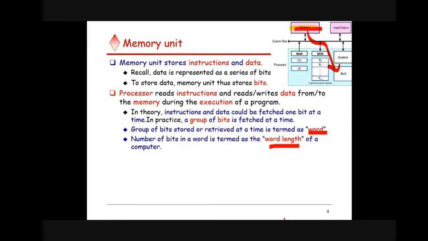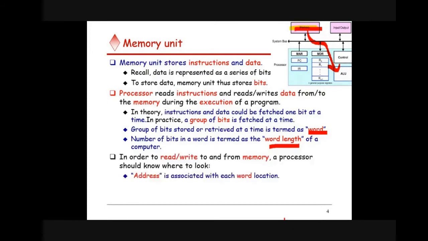Okay. Next thing, I want to take certain data from the memory to the ALU, and where is that data or instruction present inside the memory? How can the processor know? In the memory unit, where my required data is present, the processor should know. For that, we have an address associated with each word.